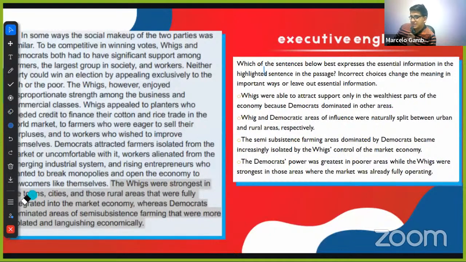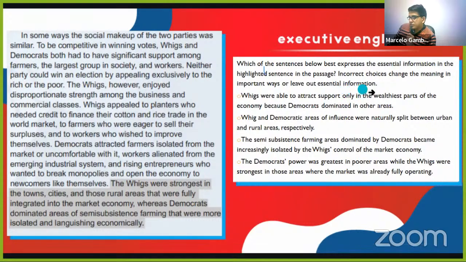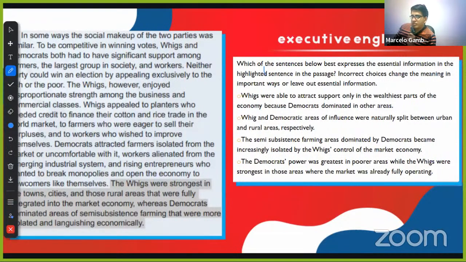Even though nobody said it was A: the Whigs were able to attract support only in the wealthiest parts of the economy. It's true that they attracted support from the wealthiest parts, but not only in the wealthiest parts of the economy, because they had widespread support in towns, cities, and rural areas. So this word "only" basically ruins everything.